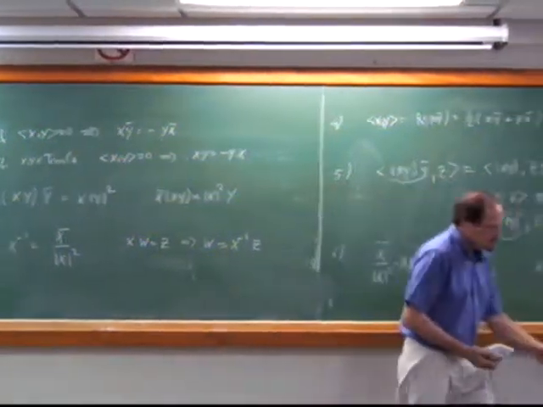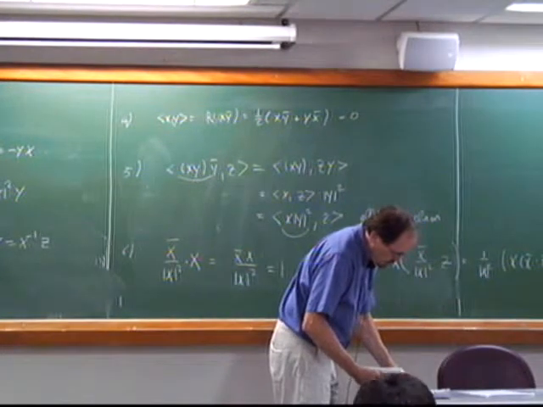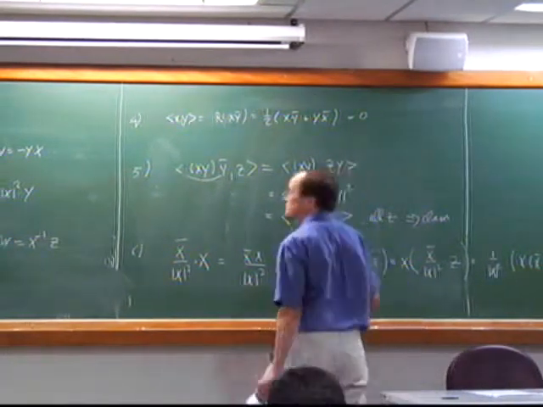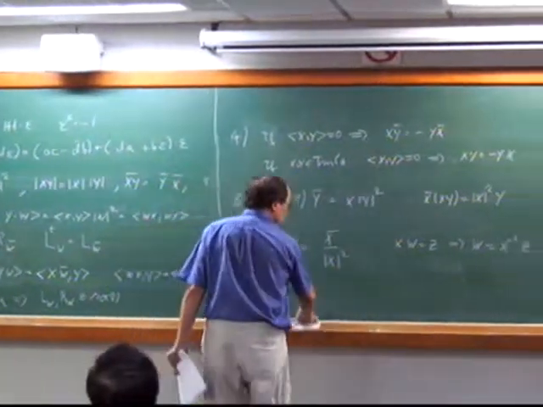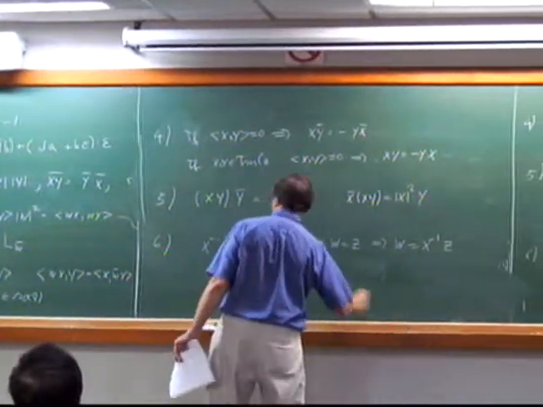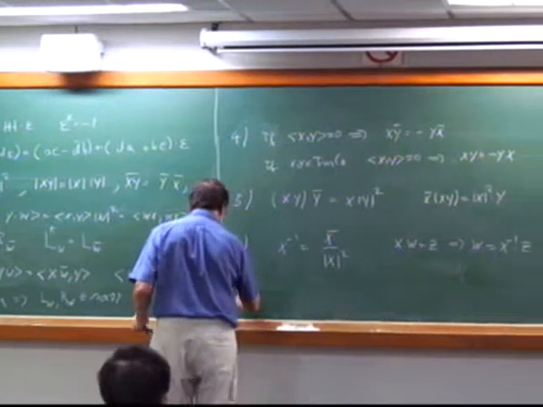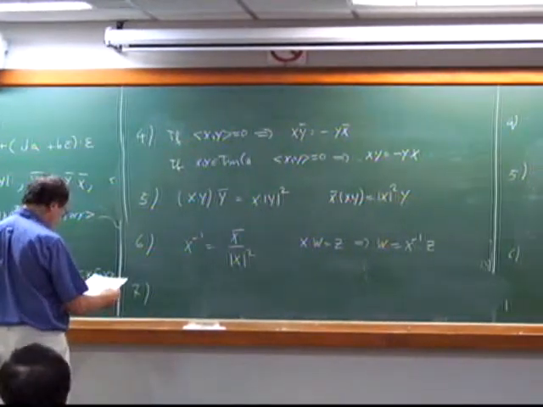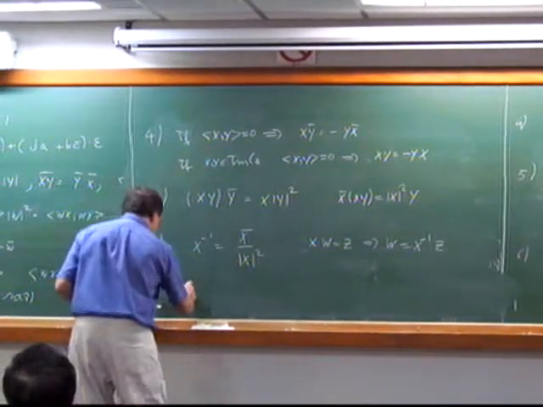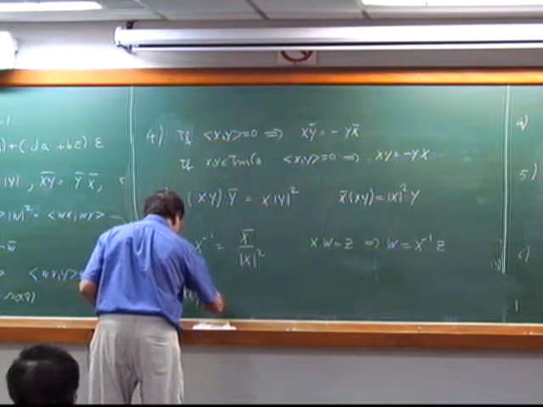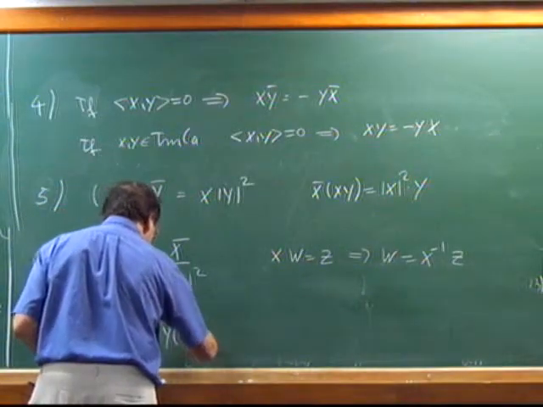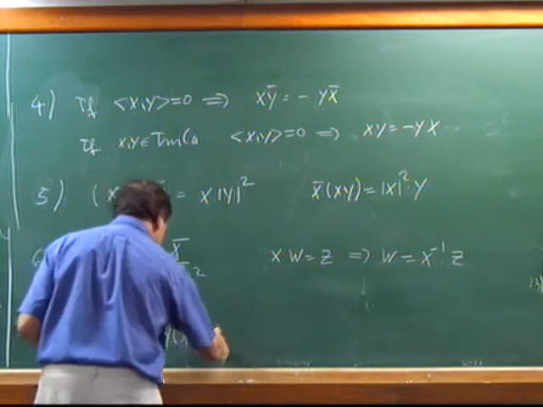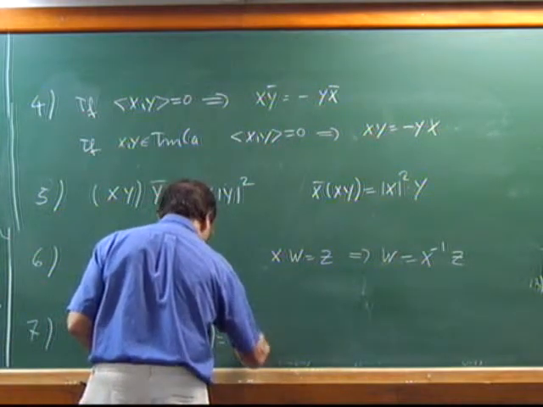One more rule. It's a little bit funny. x y bar w plus y x bar w is equal to 2 times the inner product of x and y times w.